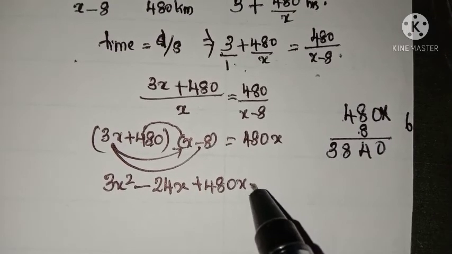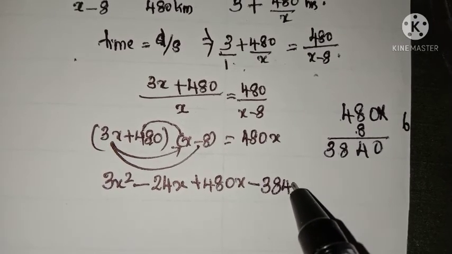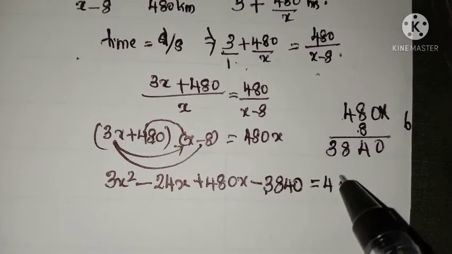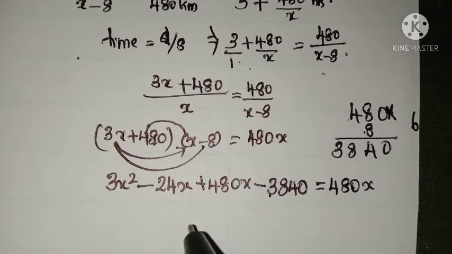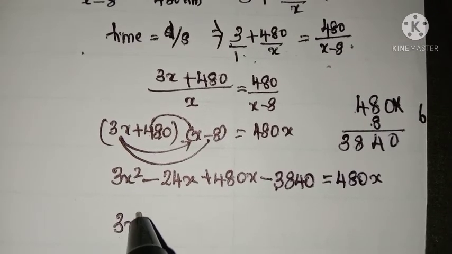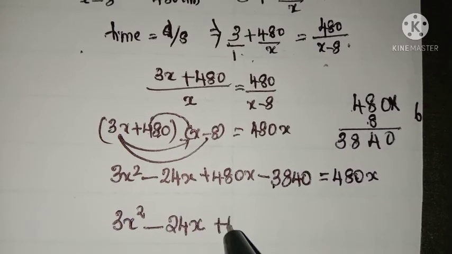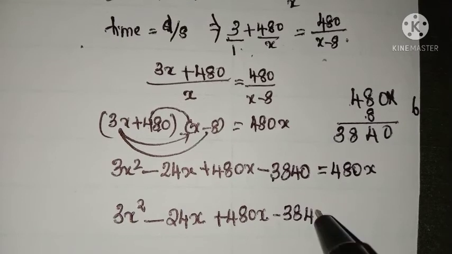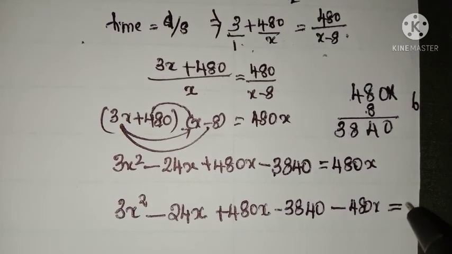So this is minus 3840. 3840 equal to 480x. Now take this 480x to the left. So this becomes 3x square minus 24x plus 480x minus 3840 minus 480x equal to 0.